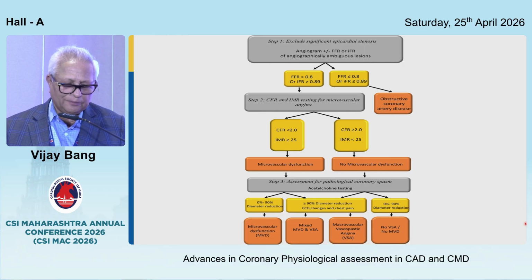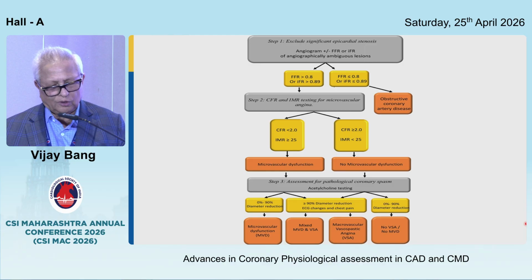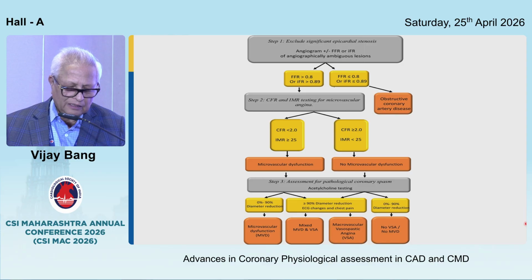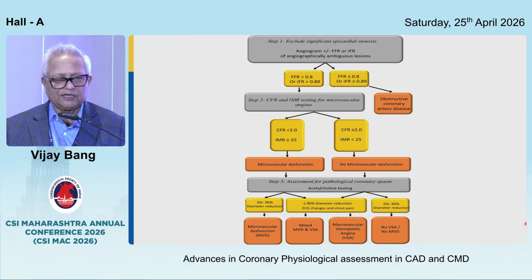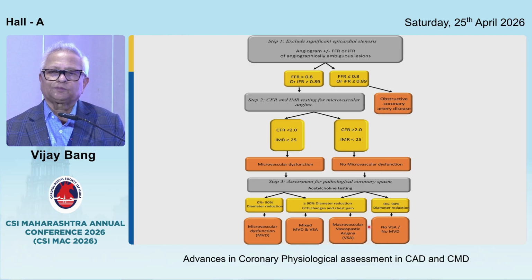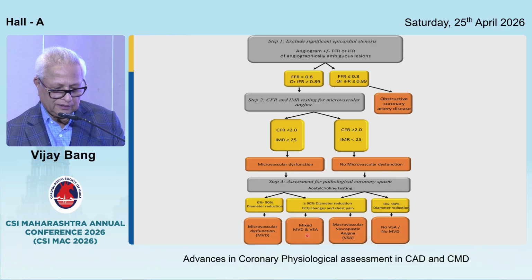So, when do we think of CMD? We do angio, normal coronary, normal FFR and normal QFR also, no obstructive disease. So, we do CFR and IMR using CoroFlow. If the CFR is less than 2 and IMR more than 25, it indicates there is microvascular dysfunction, then we should do an acetylcholine provocation test, because almost 30 to 50% have vasospastic angina as well.